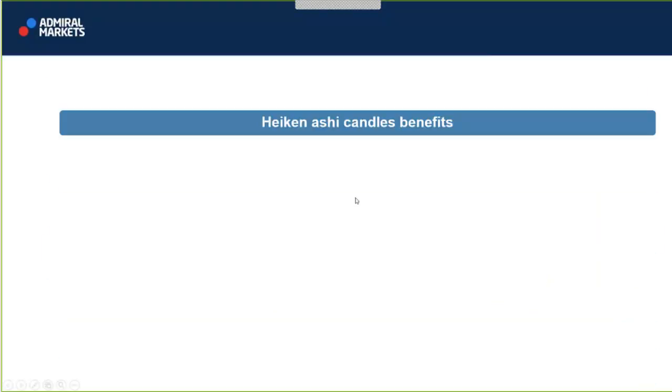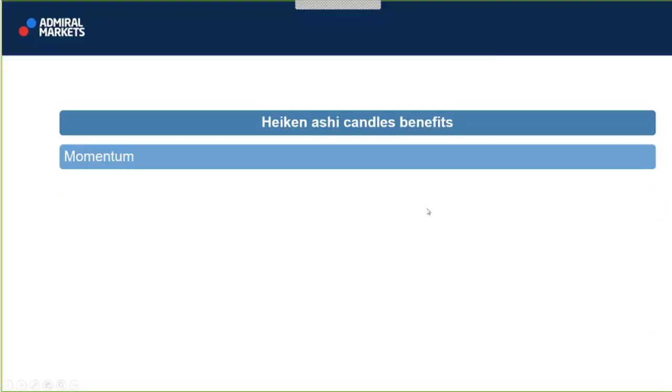Okay, next thing is, what is actually the benefit of using Heiken Ashi? For traders who don't know what Heiken Ashi is, well, we need to align momentum. So Heiken Ashi candles actually display both momentum and trend, and the calculation of Heiken Ashi is totally different than the calculation for standard Japanese candlesticks.